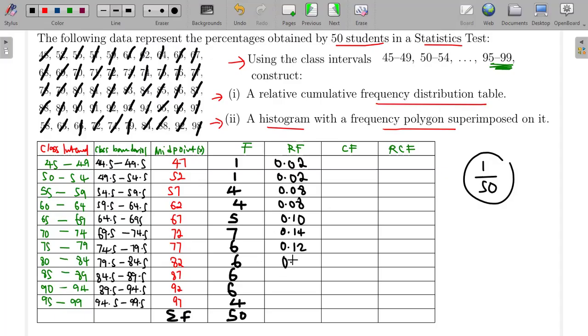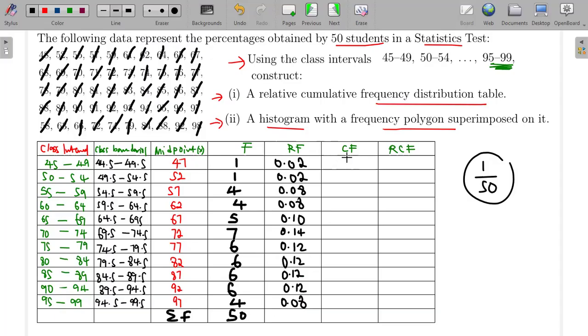By 6 again, I get the same. 4 divided by 50 is 0.08. Okay, so those are my relative frequencies.